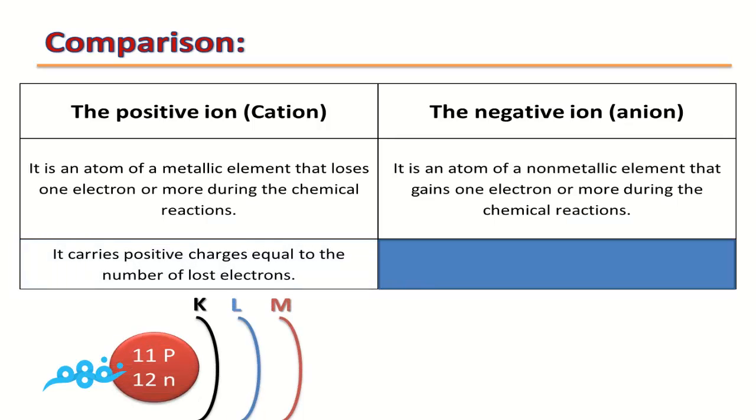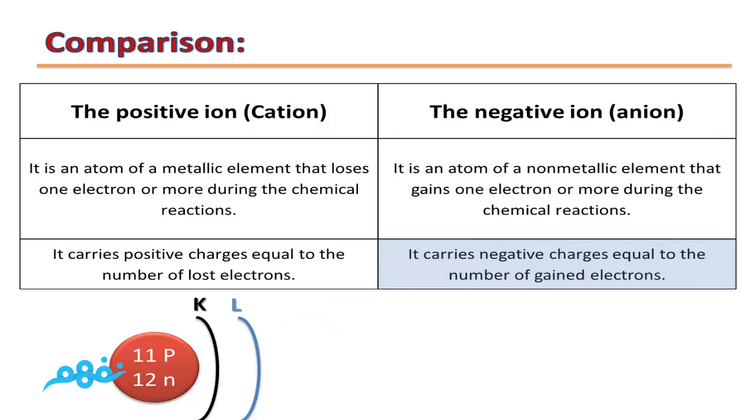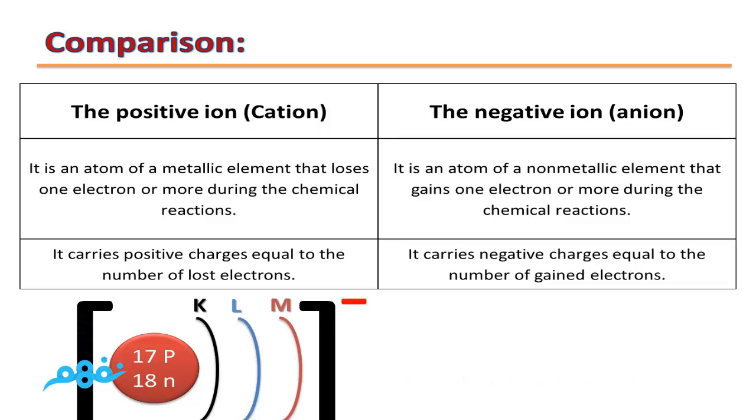For positive ion, it carries positive charges equal to the number of lost electrons. This sodium ion will carry only 1 positive charge, which is equal to the number of lost electrons. But in negative ion, it carries negative charges equal to the number of gained electrons. For chlorine, it will carry only 1 negative charge equal to the number of gained electrons.